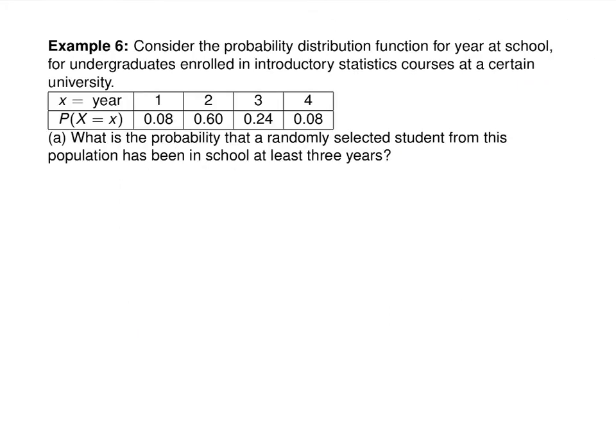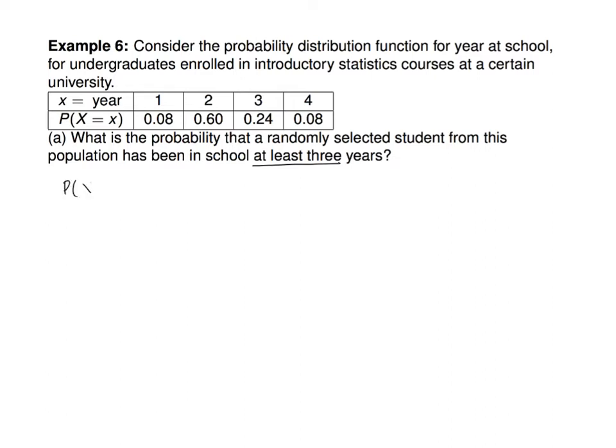So next, consider the probability distribution function for year at school for undergraduates enrolled in introductory statistics courses at a certain university. What's the probability that a randomly selected student from this population has been in school for at least 3 years? So at least means 3 or more.